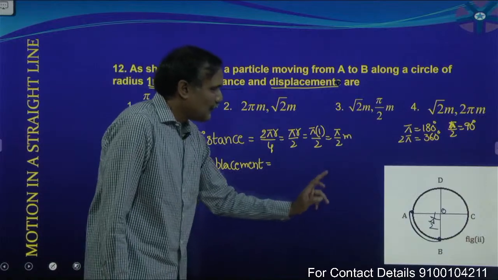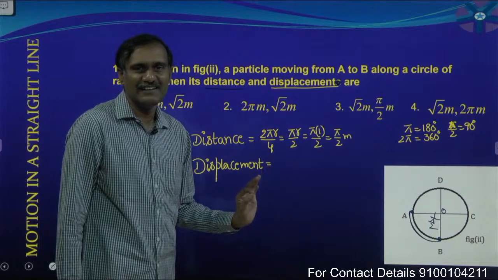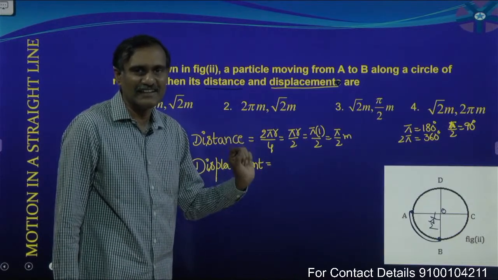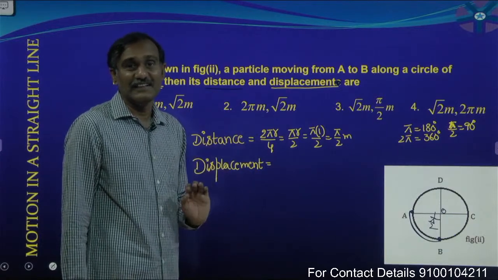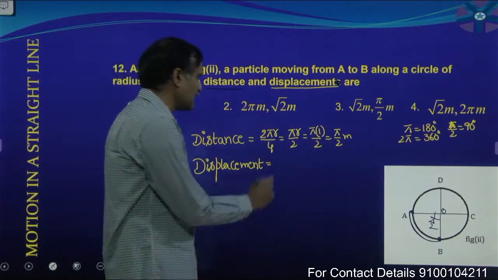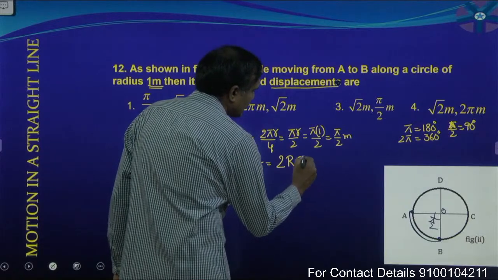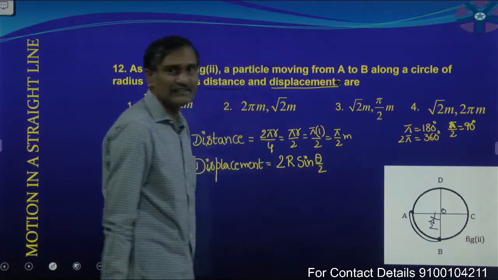Now, while the particle moves along the circumference of a circle, if its radius subtends an angle theta at the center of the circle, then the displacement covered by that particle can be calculated using the formula 2r sin theta by 2. Already we derived this formula.